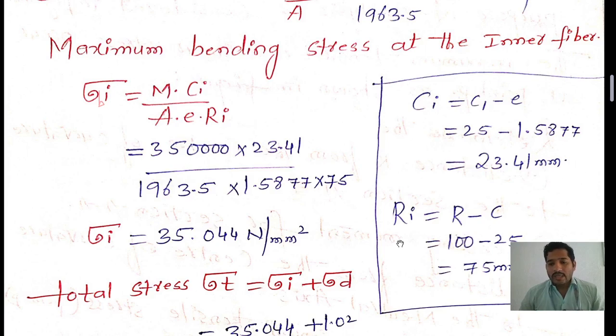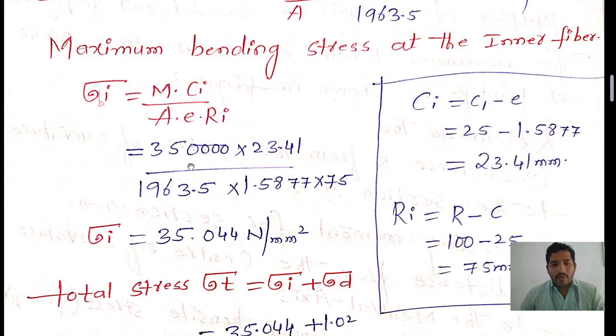So the inner radius is the radius of curvature minus c. The radius of curvature is how much? 100 minus 25. If you subtract the value, then you will get the inner radius 75 mm. Clear? Then let us see.